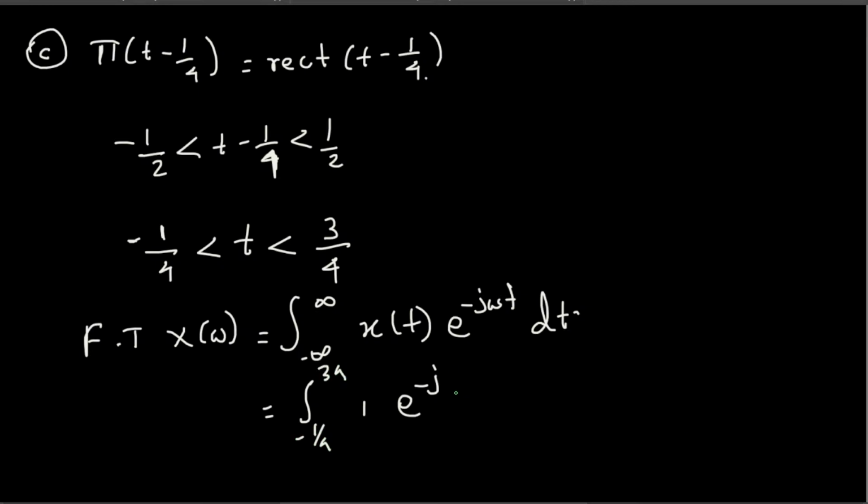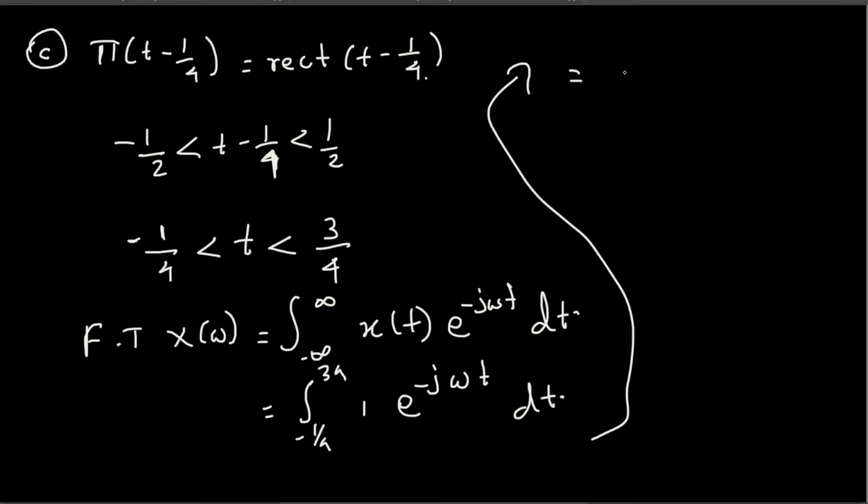If you integrate, you end up with e to the power minus j omega t divided by negative j omega, with the interval from negative 1 over 4 to 3 over 4.